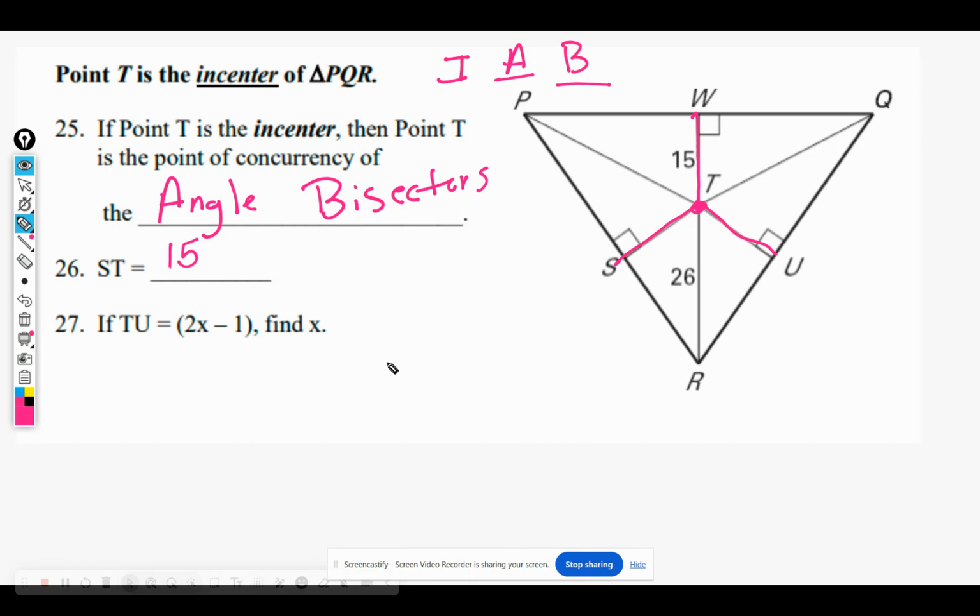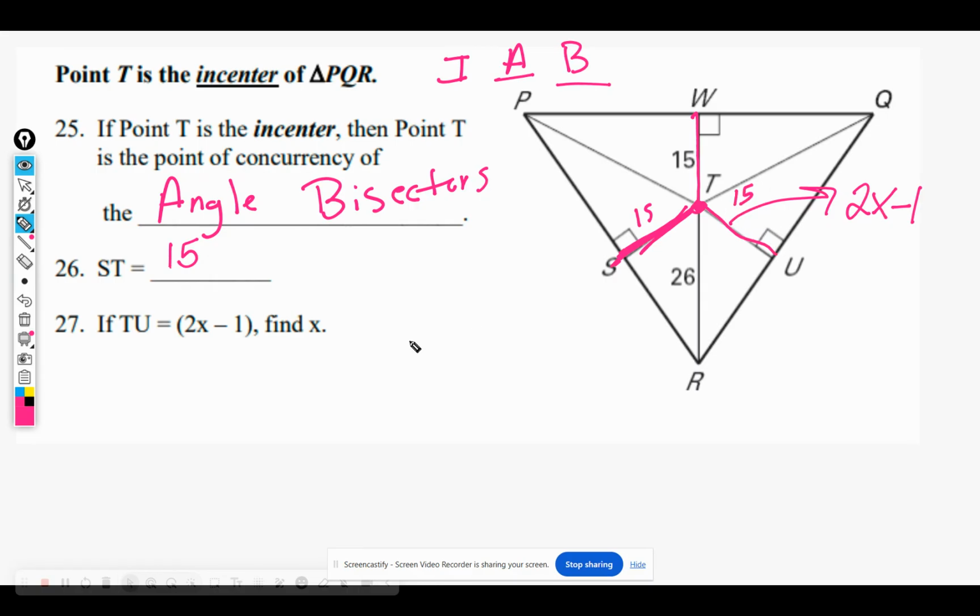Okay? And then for 27, it says if TU equals 2x minus 1, we want to find x. Now, again, we just said that this right here was equal to 15. So that means this right here is also going to be equal to 15.